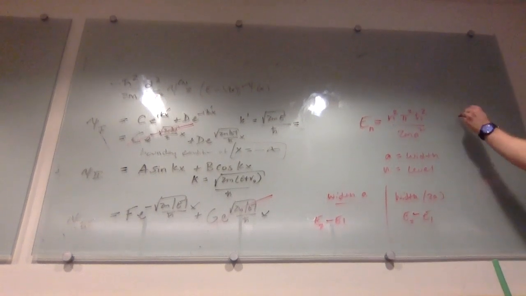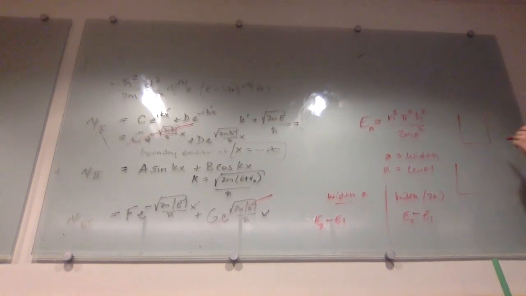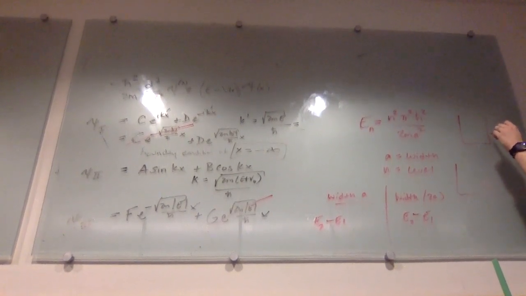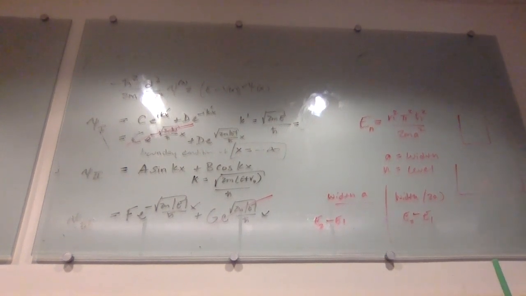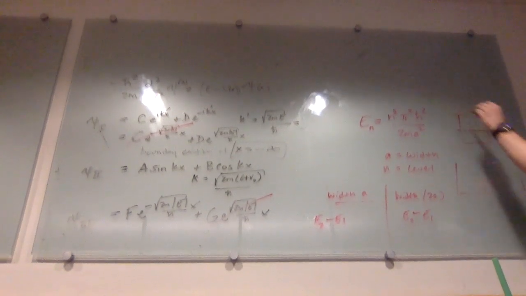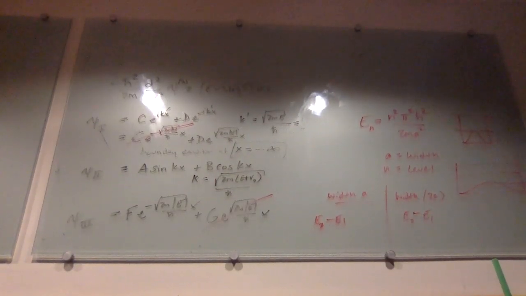If you have a narrow well versus a very wide well, the wave function, well, you can definitely fit more energy levels in here. And therefore, the wave functions will be more like this, whereas here they'll be like that.